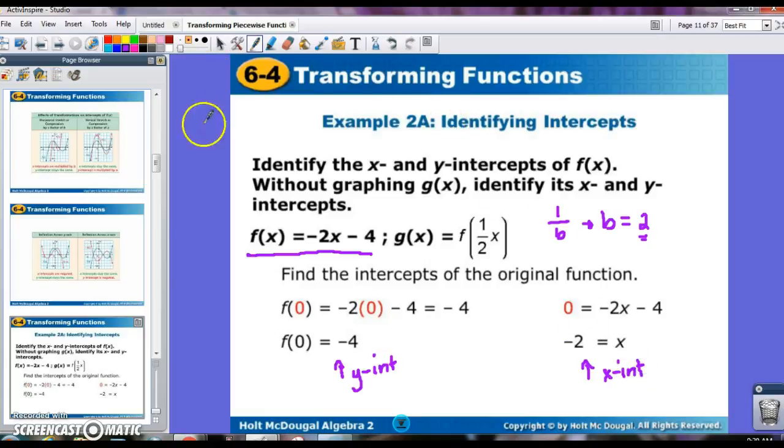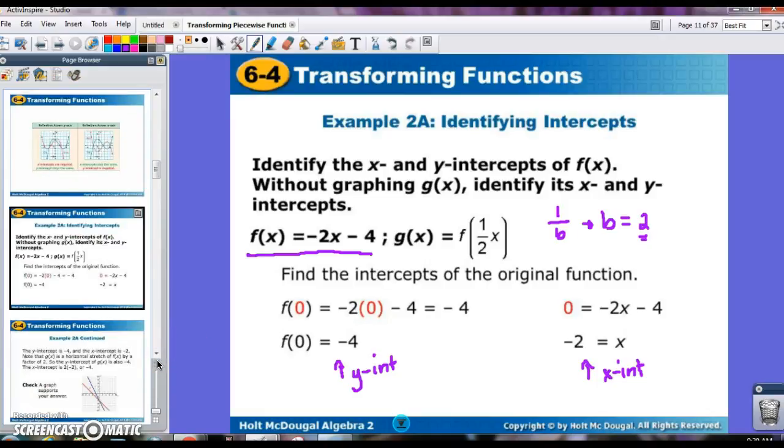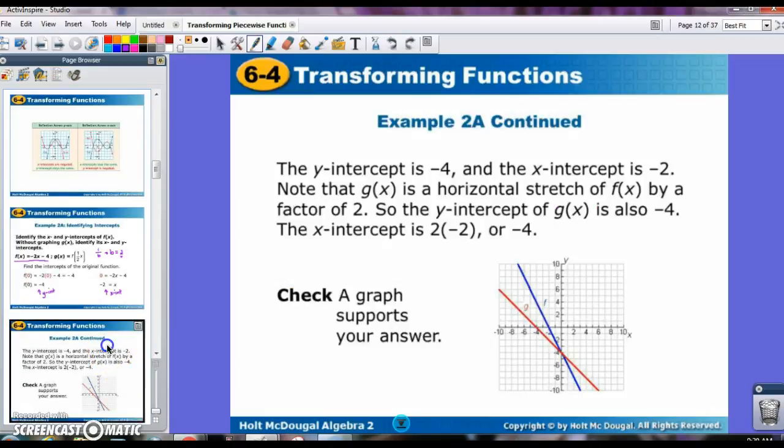When you do a horizontal stretch or compression, your y-intercept doesn't change, so it stays at negative 4, but my x-intercept changes.